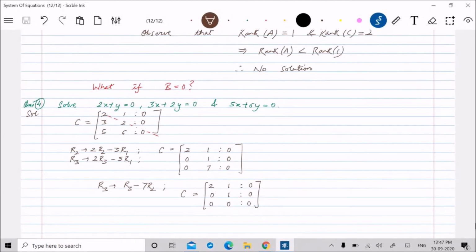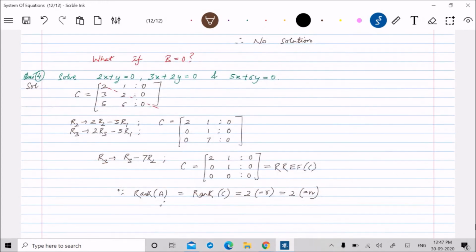So observe that this is of course the row reduced echelon form of C, and rank of A is equal to rank of C is equal to 2, and that is of course equal to n, the number of variables.